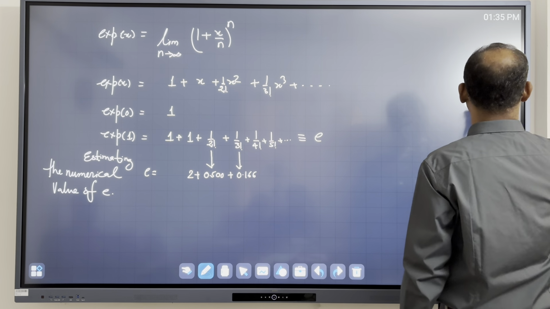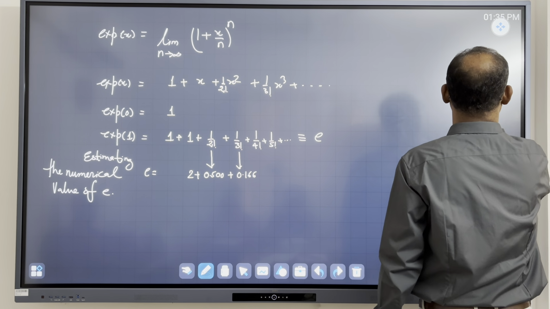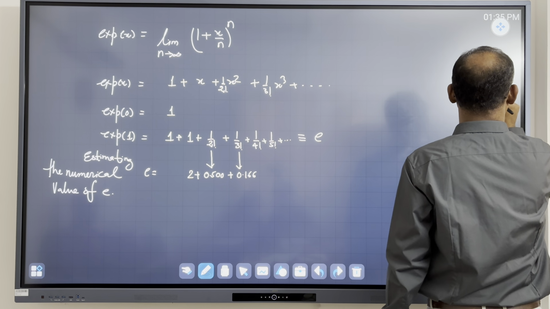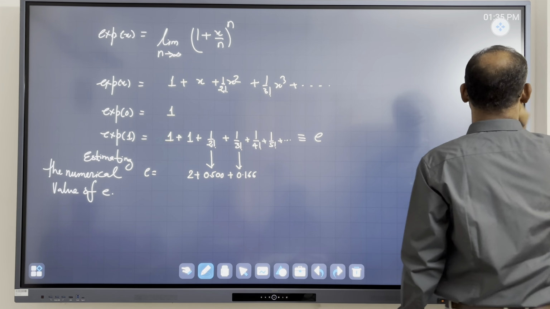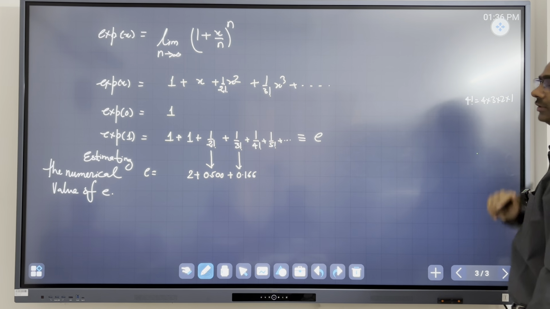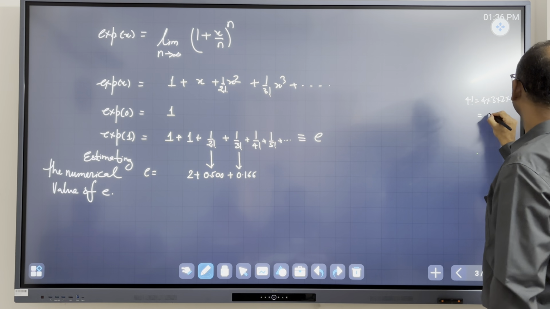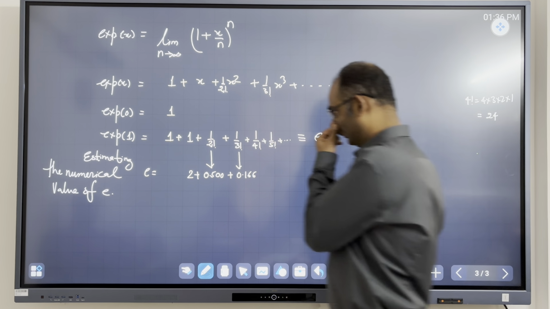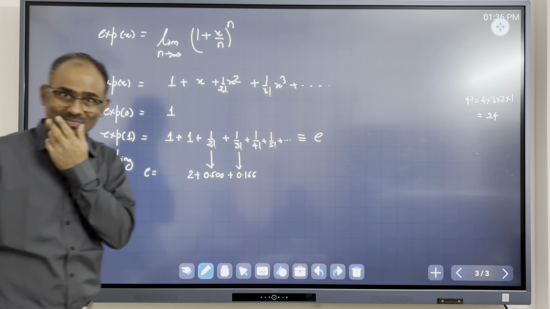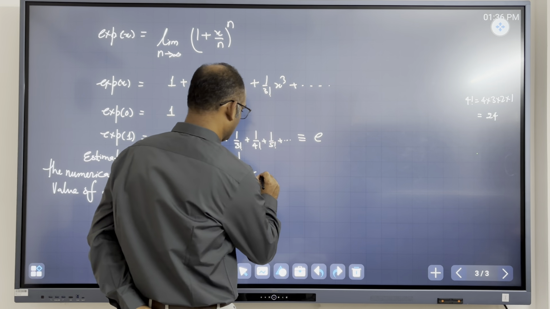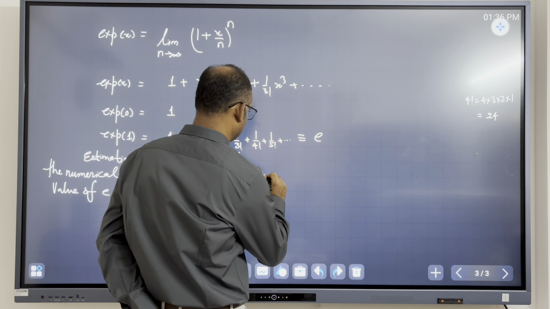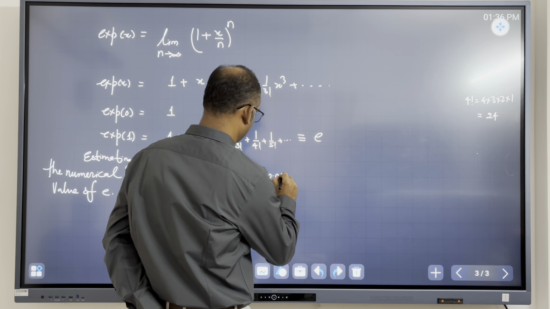Now how will this go? 4 into 3 into 2 into 1. 4 threes are 12, 12 twos are 24. So that's 24. How much is 1 over 24? 0.041.